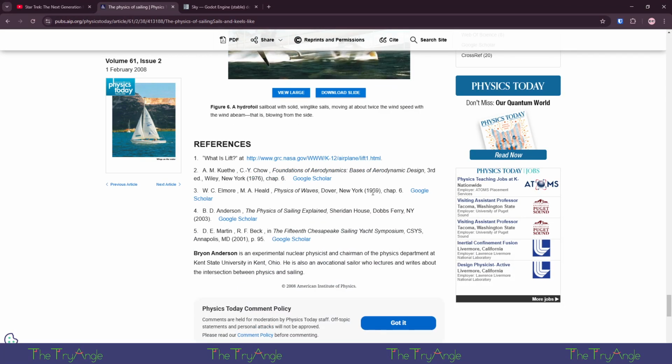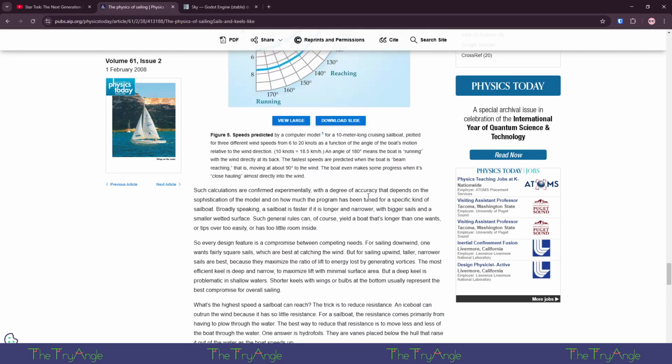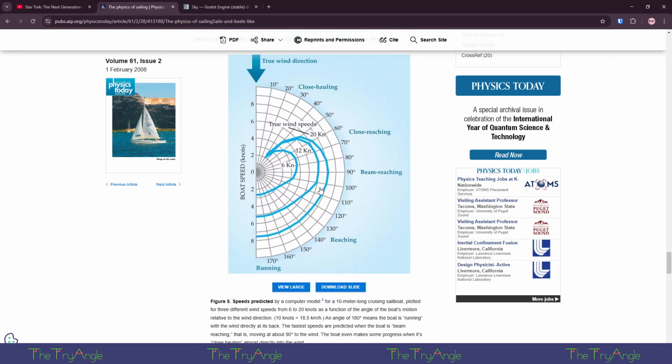Yeah, we're going to have to use forces. We're going to have to do a little more calculation. This feels like mostly empirical stuff, so eh.